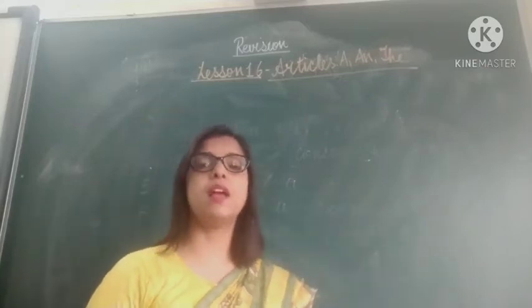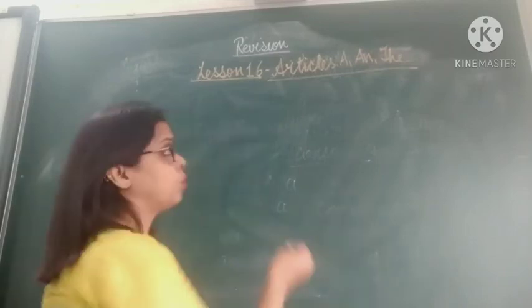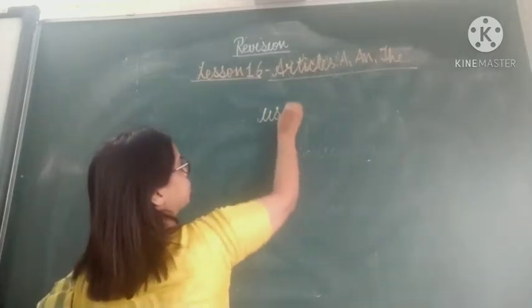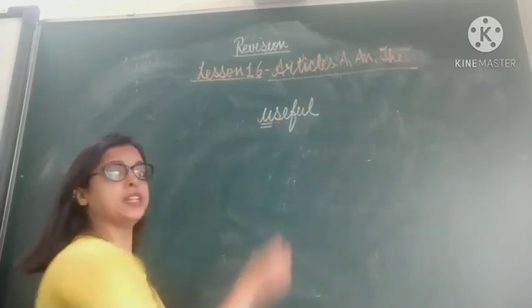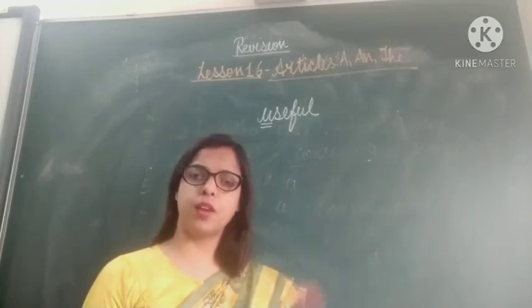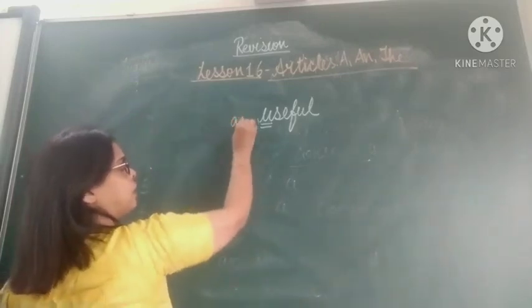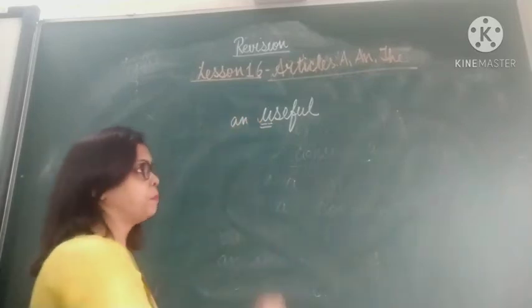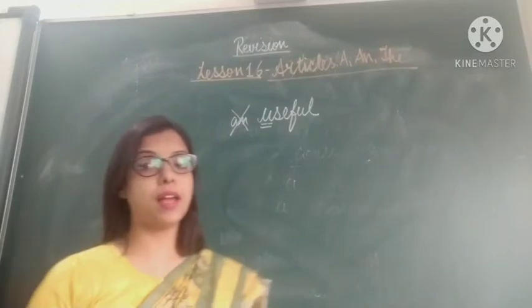Okay. Suppose I take the word useful. See children, the first letter is U, that is a vowel, right? So according to what we have learned till now, we should simply put an, because it is a vowel, but it is wrong. We will not put an. Why?